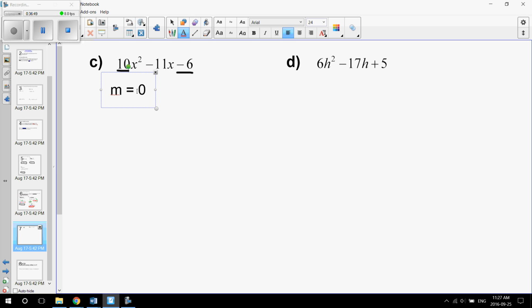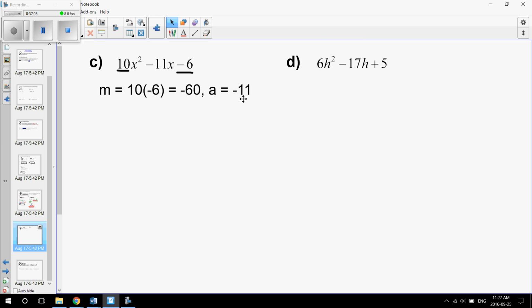So 10 times negative 6 gives us a negative 60. And then our add value is our middle value, which in this case is a negative 11. So we need two numbers that multiply to a negative 60 and add to a negative 11.